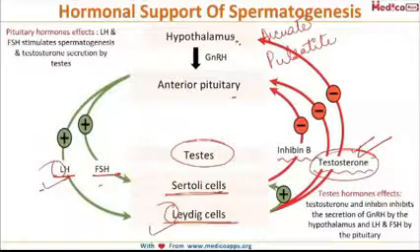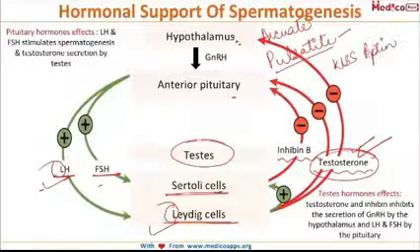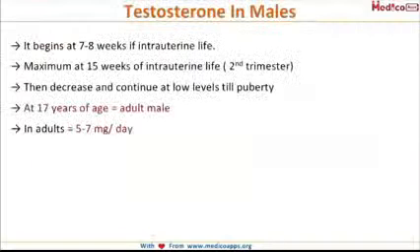Now a few words about the pulsatility of GnRH. What is the transmitter involved in the pulsatility of GnRH? It is kisspeptin. And what is the receptor involved? It is the KISS1R receptor. Now a few words about testosterone.